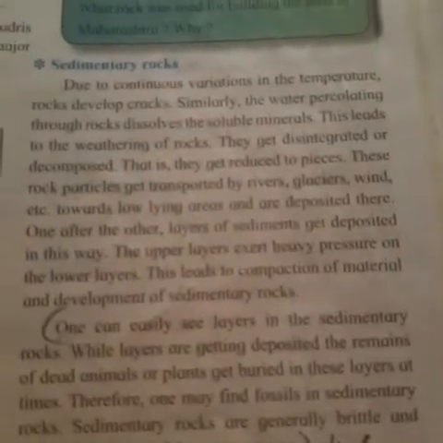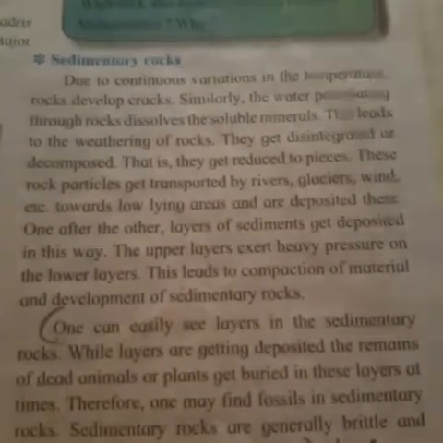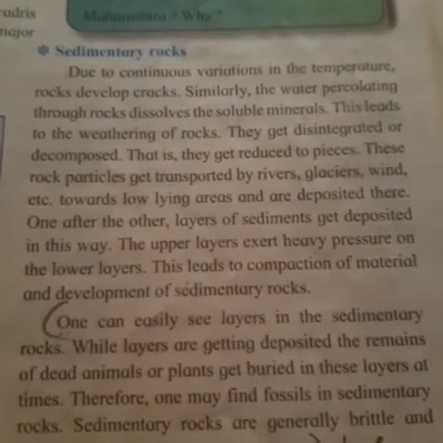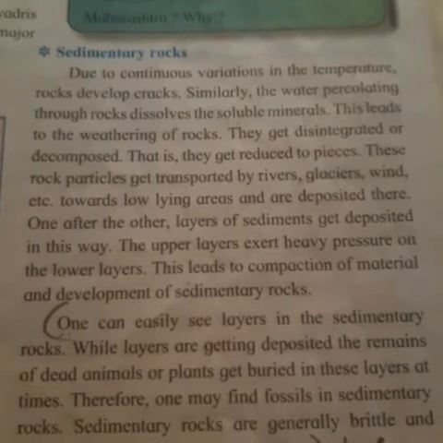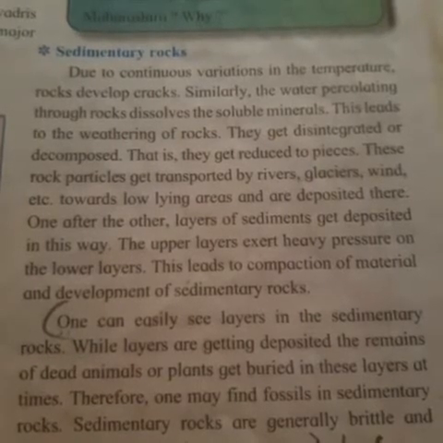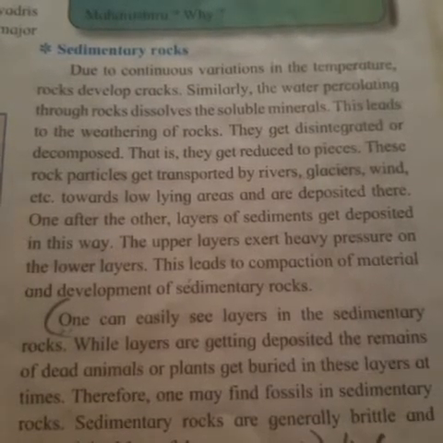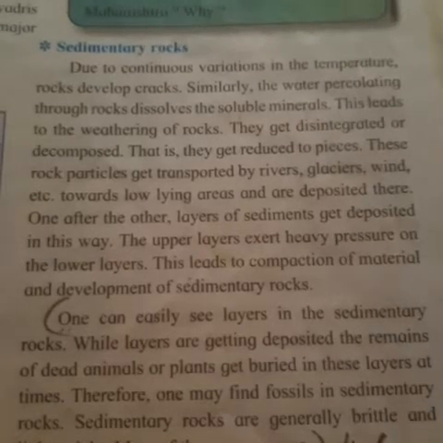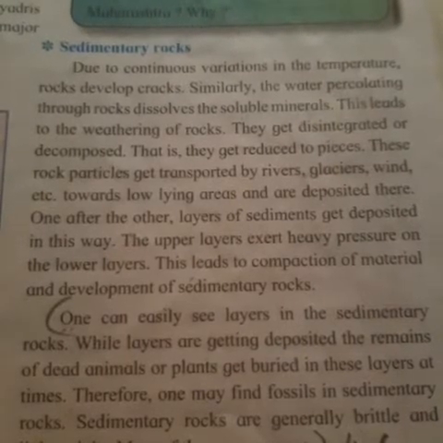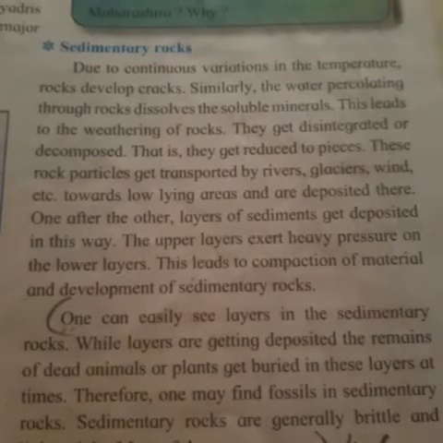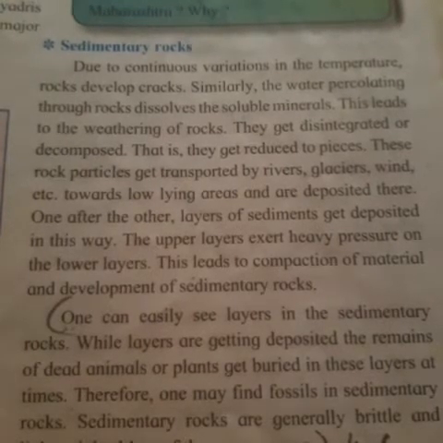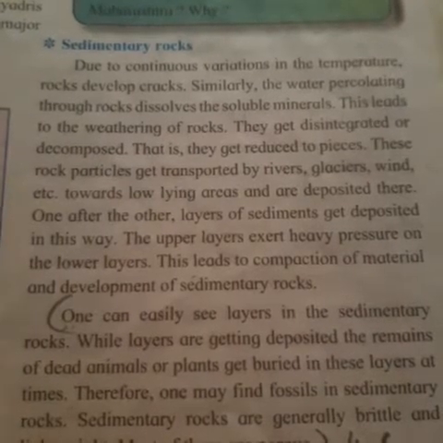Due to the continuous variation in temperature, rocks develop cracks. Similarly, water percolating through rocks dissolves the soluble minerals. This leads to the weathering of rocks. They get disintegrated or decomposed, that is, reduced to pieces.